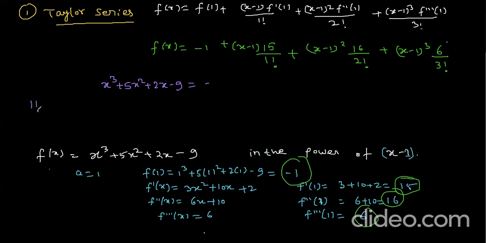You know 1 factorial is 1, 2 factorial is 2, 3 factorial is 3 into 2, 6. So I can write this as 15 times x minus 1, this will be 8, and 3 factorial cancels. This is your answer.